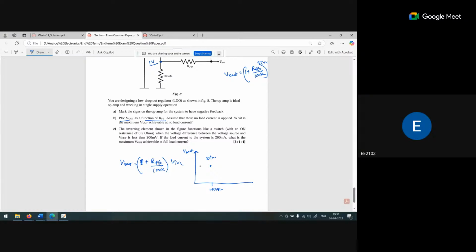If you are getting 200K, it is 3V. If you are getting 0, it is only V. So when you mark these points, you will be getting this type of graph.